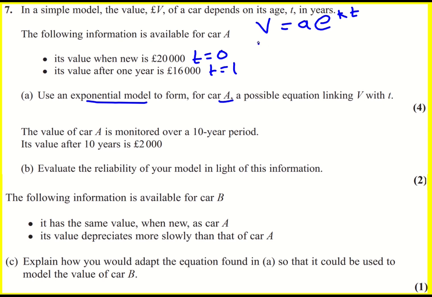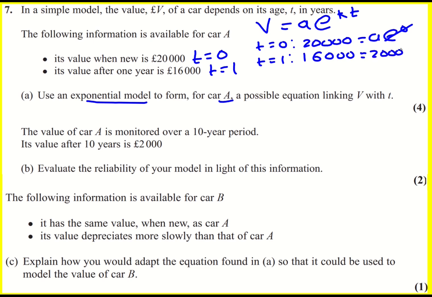So when t is 0, we're going to get 20,000 equals a e to the 0, but that's just 1. So actually a is 20,000. And then when t is 1, we've got 16,000 is equal to 20,000, my new value for a, times e to the k.